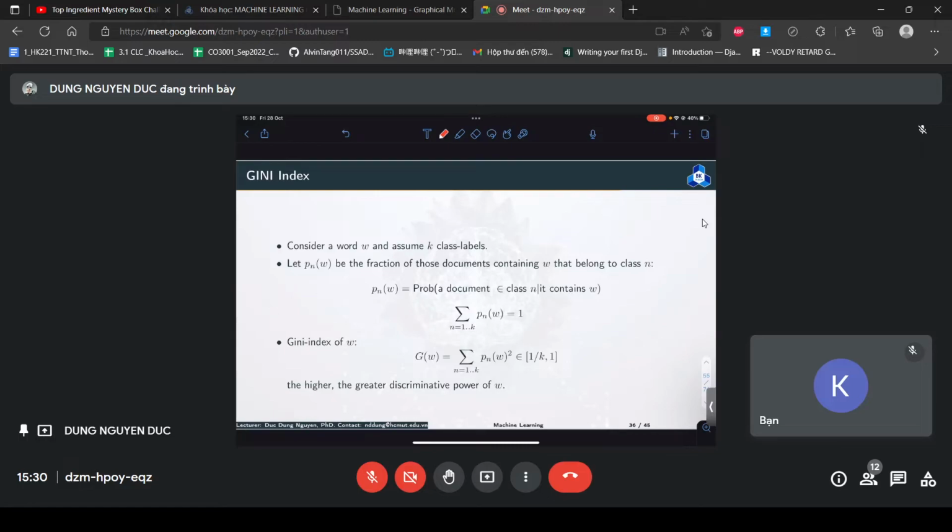It's lowest when the p_n(W) is equally distributed among the classes. It appears everywhere, so you cannot classify using this word.